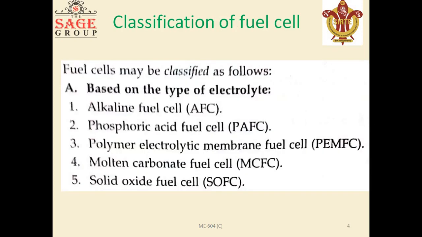So now the classification of fuel cells. Fuel cells may be classified as follows based on the type of electrolyte: alkaline fuel cell, in short AFC, phosphoric acid fuel cell PAFC, polymer electrolyte membrane fuel cell PEMFC, molten carbonate fuel cell MCFC, solid oxide fuel cell SOFC.